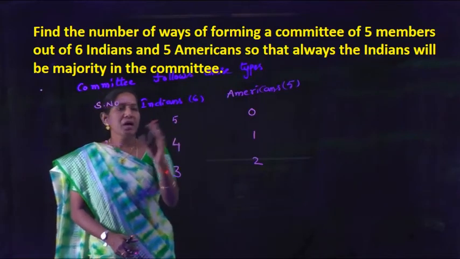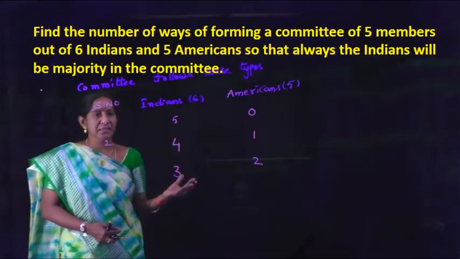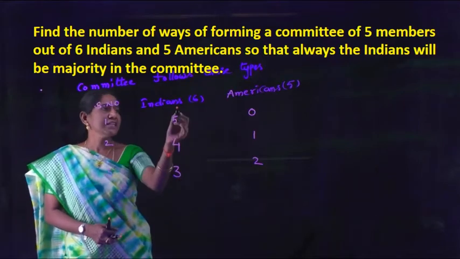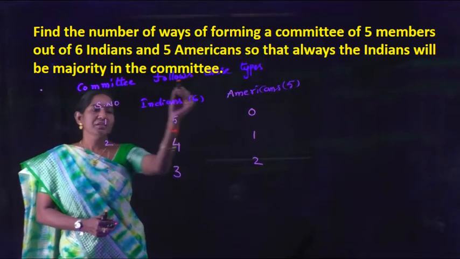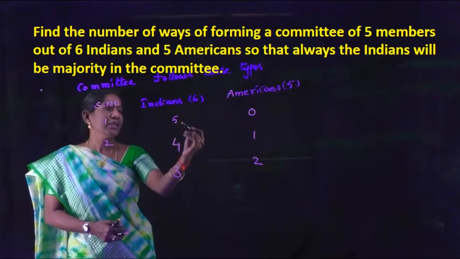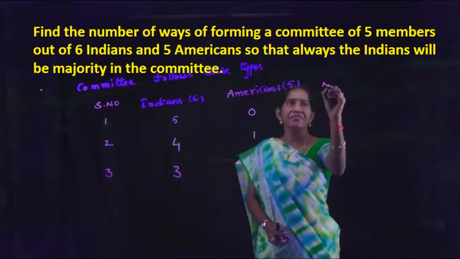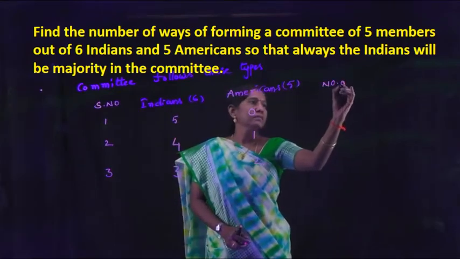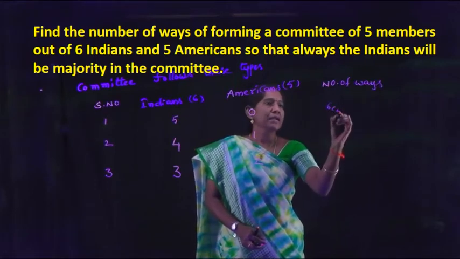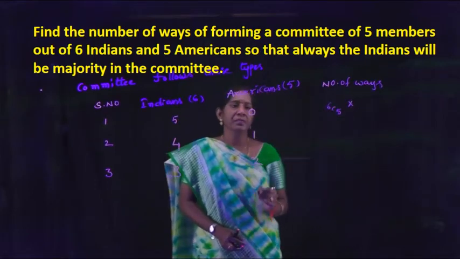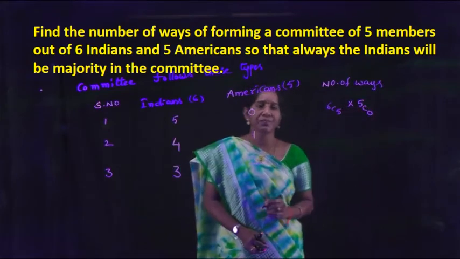Form a committee of 5 members so that Indians will be the majority in the committee out of 6 Indians and 5 Americans. So the committee follows these types. Select 5 Indians out of 6 Indians can be done in 6C5 ways, and into no Americans, that is 5C0.